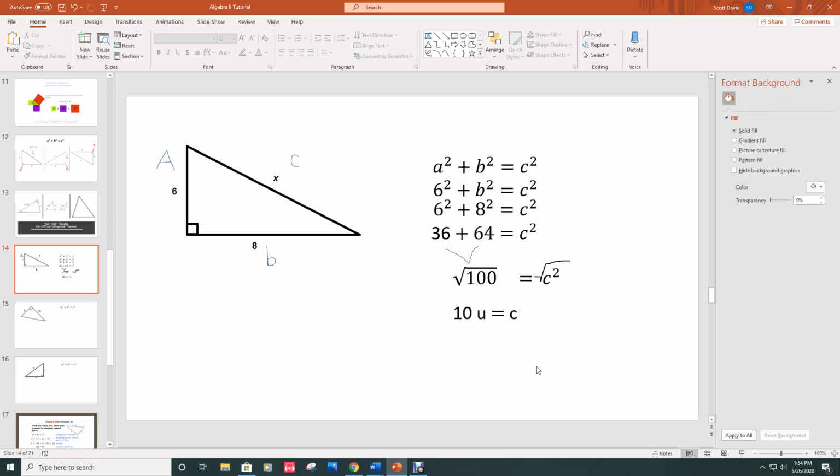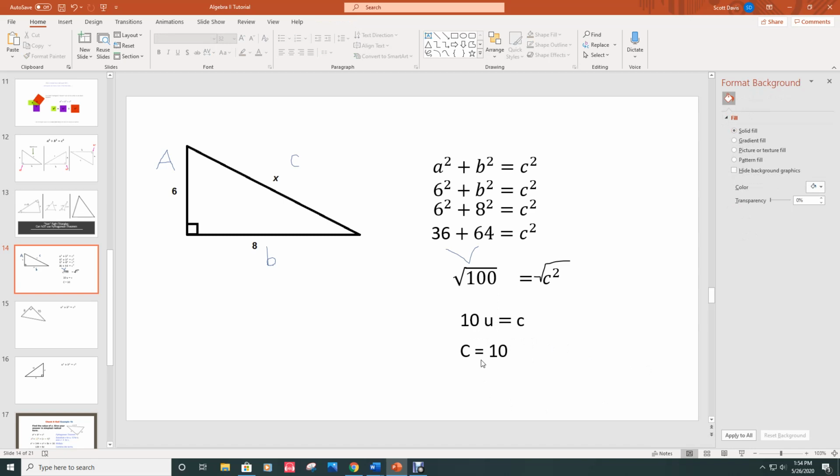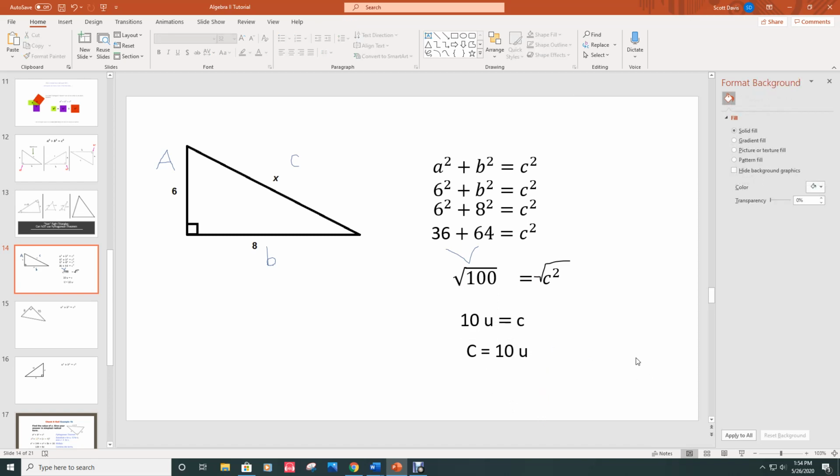You can list it this way, or you can list it the opposite way, depending on what your teacher is asking you to write or how the computer has it set up for you to plug it in. It doesn't matter, as long as you're saying that c equals 10 units, because 10 units equals c means the same thing. So that is the simple Pythagorean theorem right there.